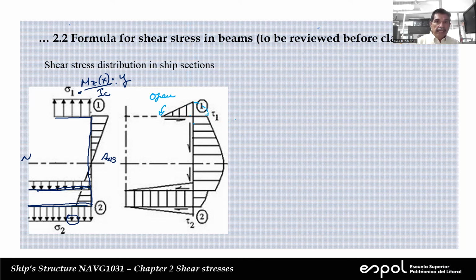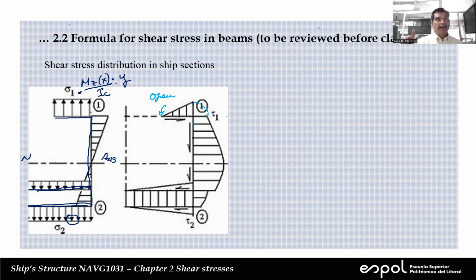Now, on the side, remember, we have a y squared, right? So the distribution is quadratic. And you can see immediately this is not linear, this is quadratic. And here you have the max. And you start decreasing here until this point here.